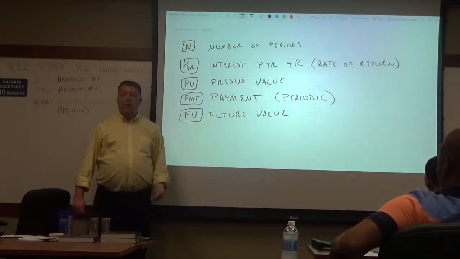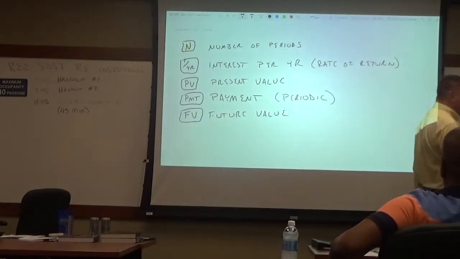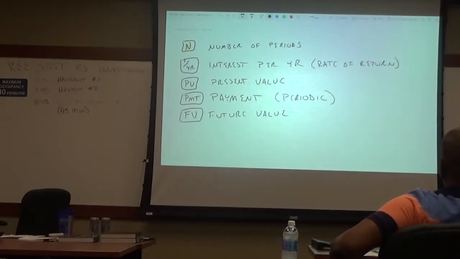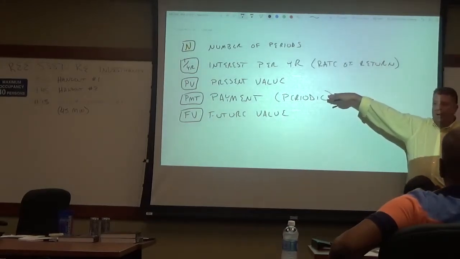In real estate terms, in addition to mortgage payments, this might also apply to lease payments. Say I'm leasing out a shopping center for the next 60 months, or 5 years, and here is the monthly lease payment. That would also be an example of how the payment might be utilized.